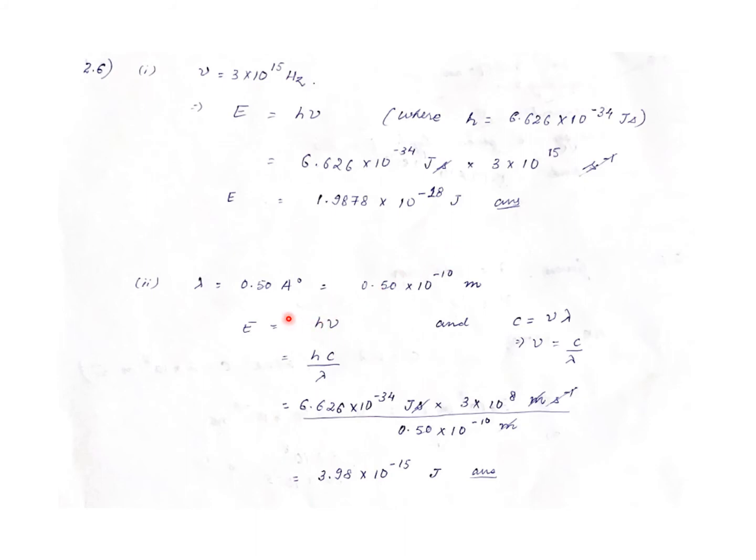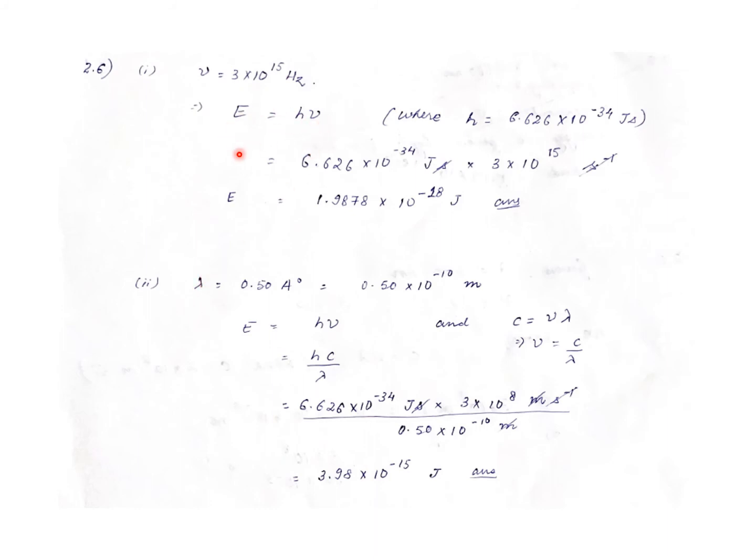In the second part of question 2.6, it is asked to find the energy of each photon which has a wavelength of 0.50 angstrom. First of all, you should know how to convert the units. 1 angstrom is equal to 10 to the power of minus 10 meters. Wavelength is given, and you need to find the energy. In the previous question, frequency was given.